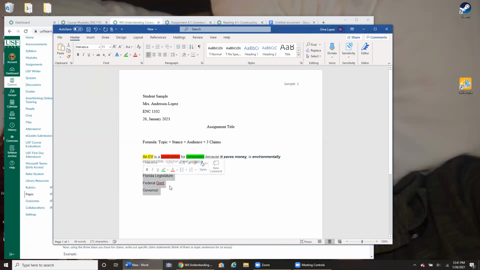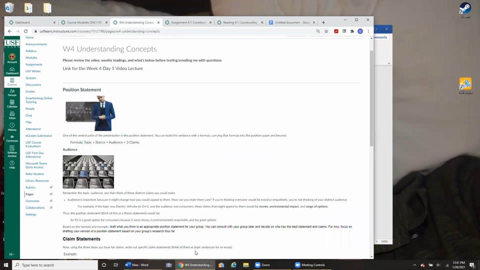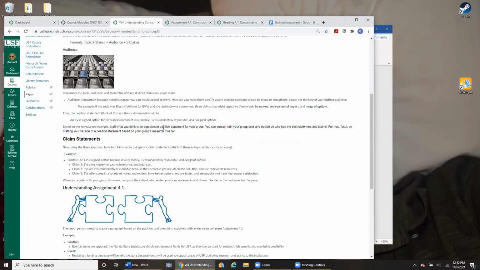But the problem is if you have more than one, then your targeted claims are going to be different. What you need to do is choose just one, instead of having a couple different audiences that are similar in terms of stakeholder values and what they care about. No, I just want you to choose one audience that really cares. And if you don't have an audience, or you're like, everyone's going to care about this issue, you're not thinking logically, because not everyone may be as empathetic or positively minded as you are.